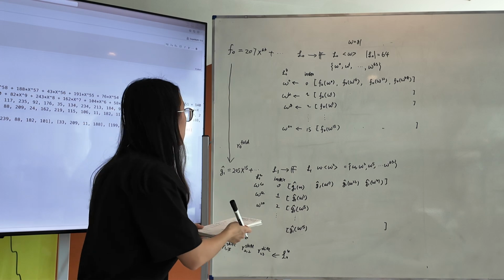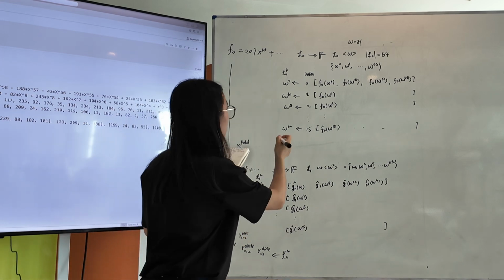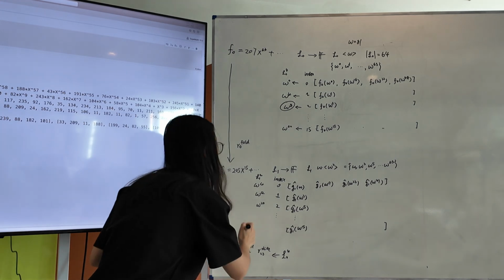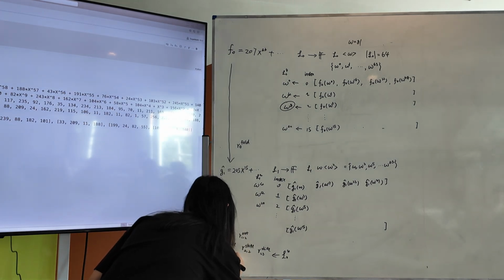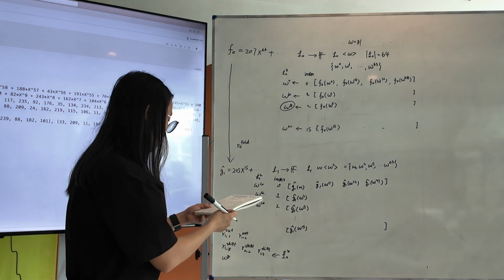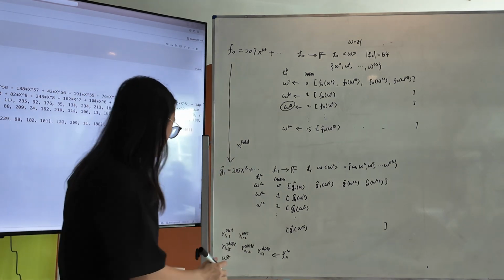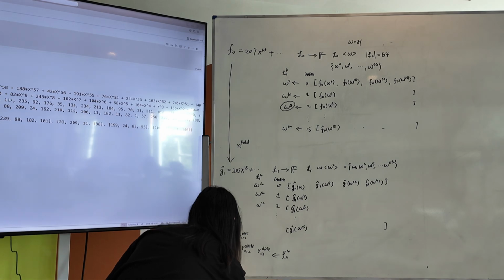For example, we choose this one. We choose omega 8, and how does the verifier compute G1 omega 8?